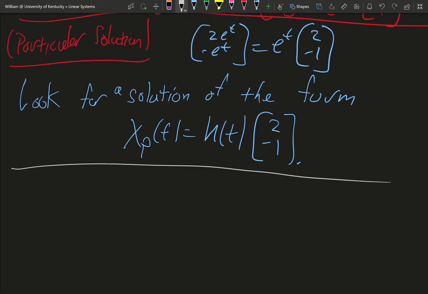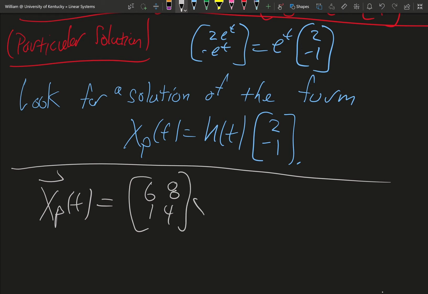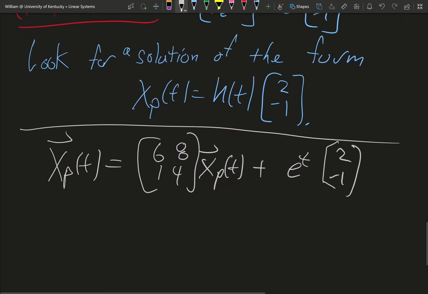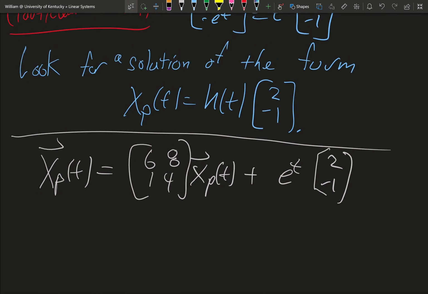So, right, we're going to have xp prime of t equals the matrix (6, 8; 1, 4) times xp of t plus e to the t times (2, negative 1). Sorry, that should be a prime.